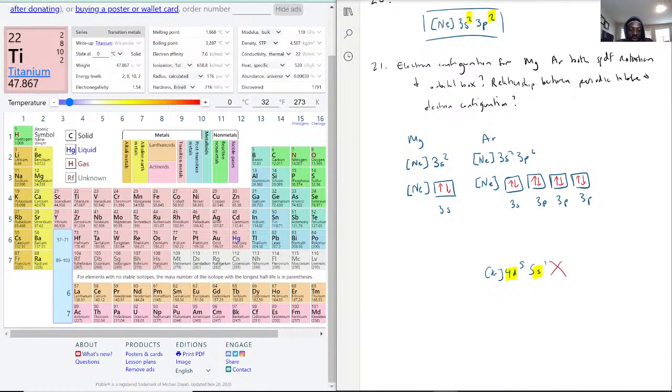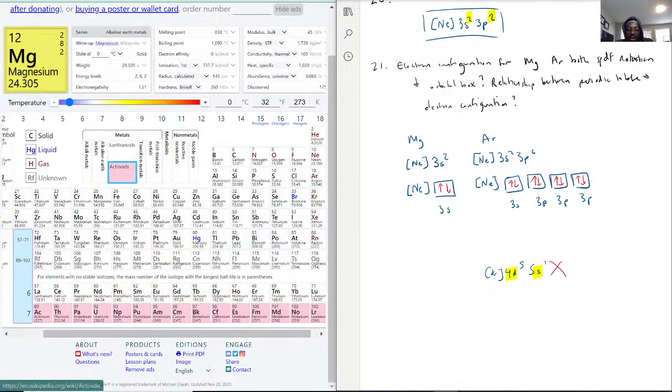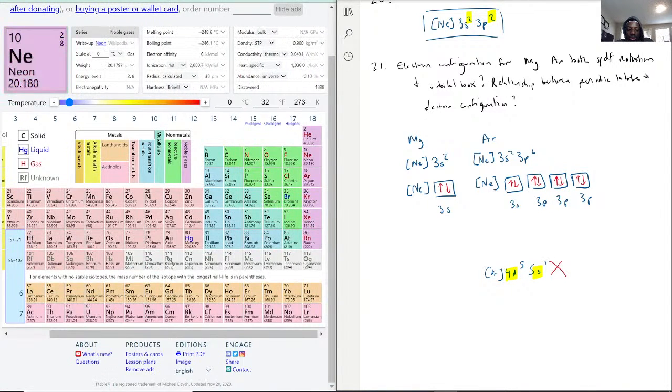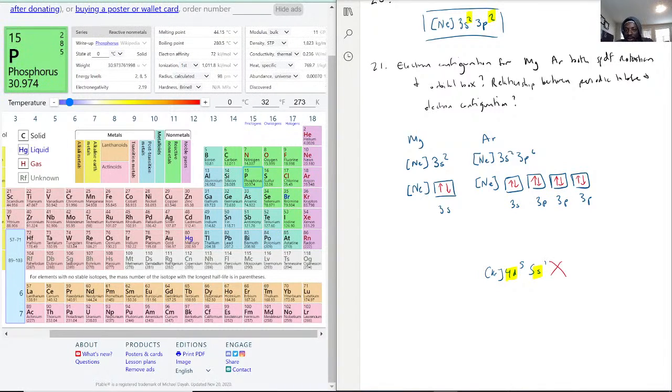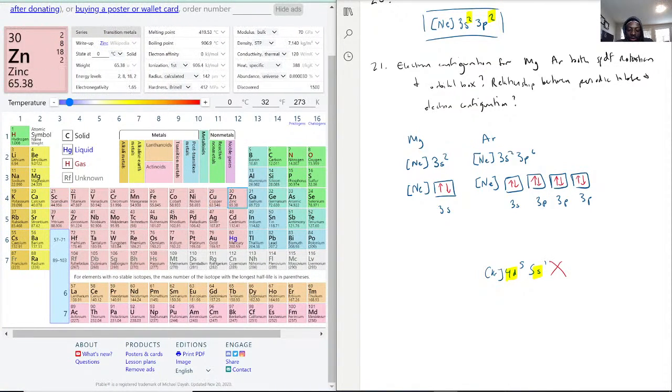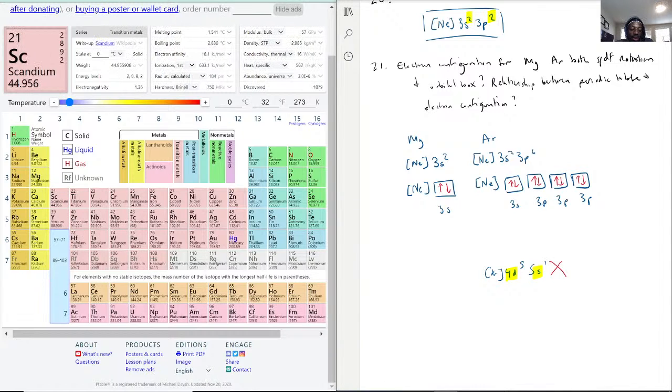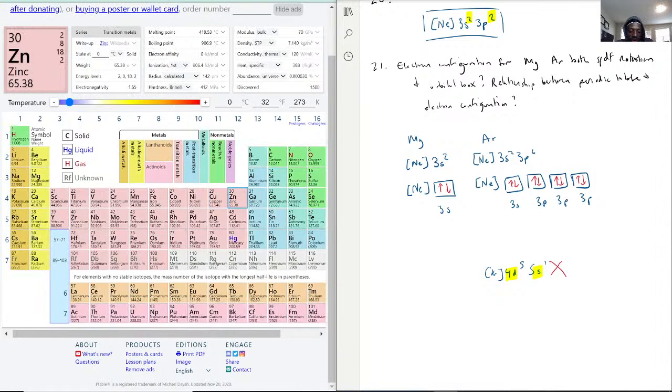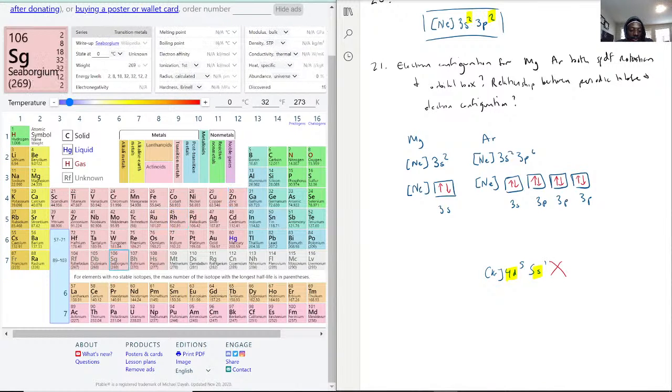As a quick review, columns 1 and 2 have only S. Columns 13 through 18 have S and P. Columns 3 to 12, sorry, I'm blanking out, have only S and D. The lanthanide and actinide series have S, D, and F.